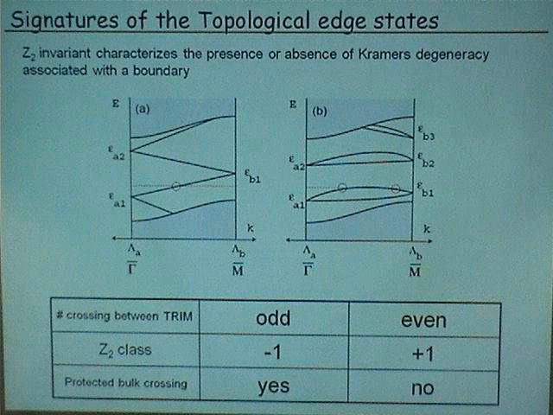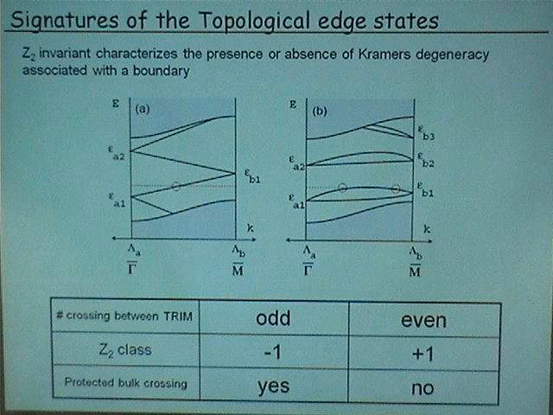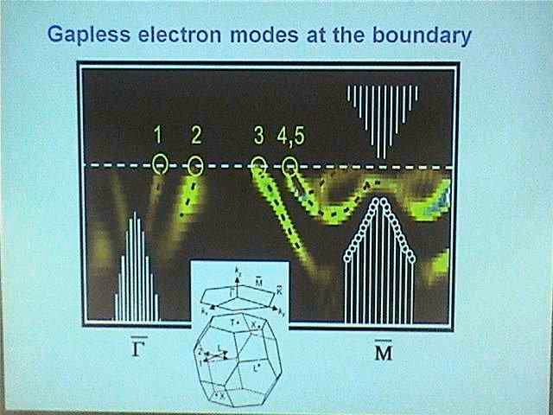You can find multiple crossings. So it's like a typical in-gap state when you put some impurity or other stuff in a semiconductor insulator. So there's an even number of crossings, there's an odd number of crossings, but you have to look at the specific momenta, the time reversal invariant momenta.